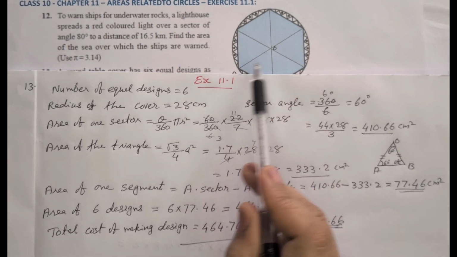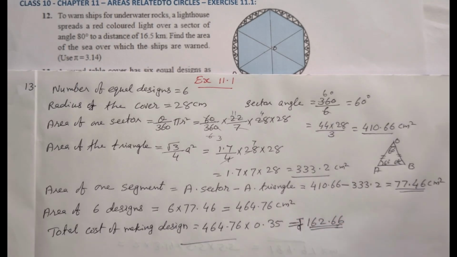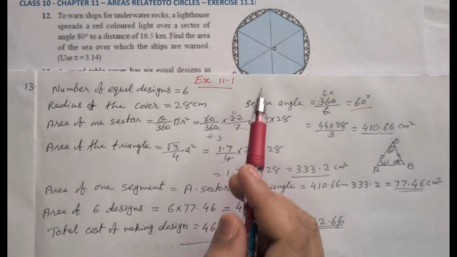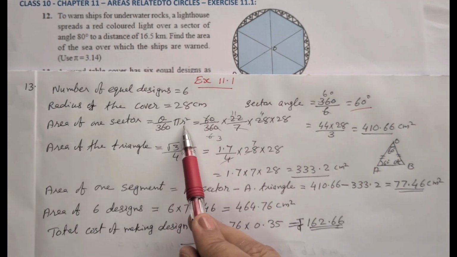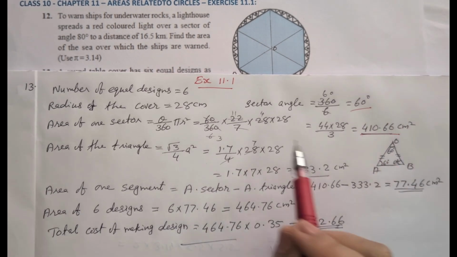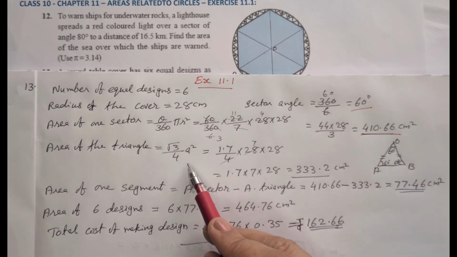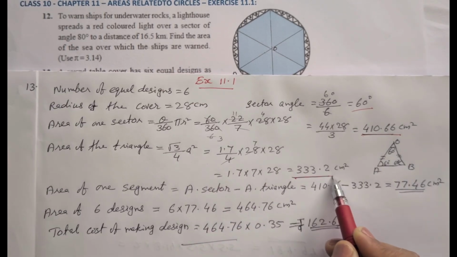Here, first we divided the circle into 6 equal parts and found the sector angle, that is 360 by 6, 60 degree. Then the area of the sector, using that 60 degree, theta by 360 into pi r square, we got 410.66. The area of the triangle, an equilateral triangle, so root 3 by 4 a square, we got as 333.2 centimeter square.